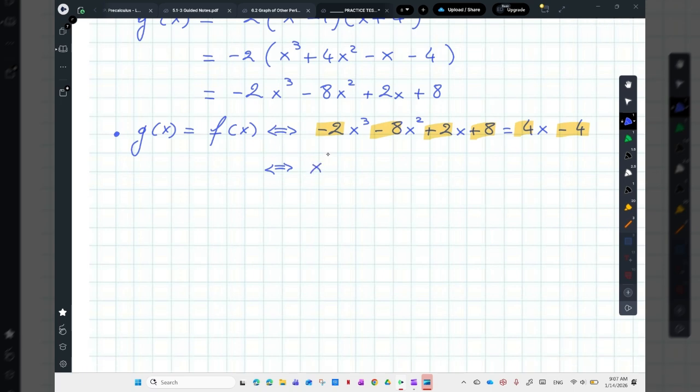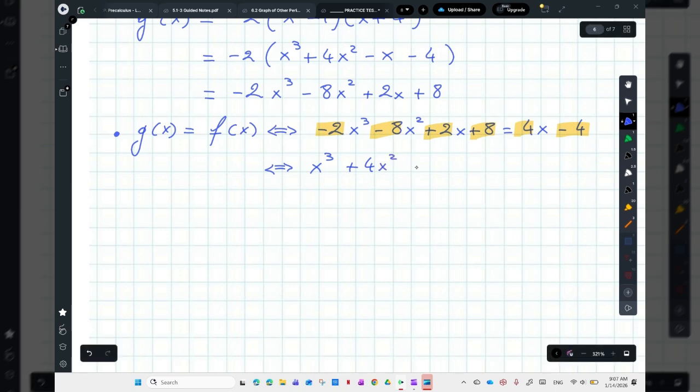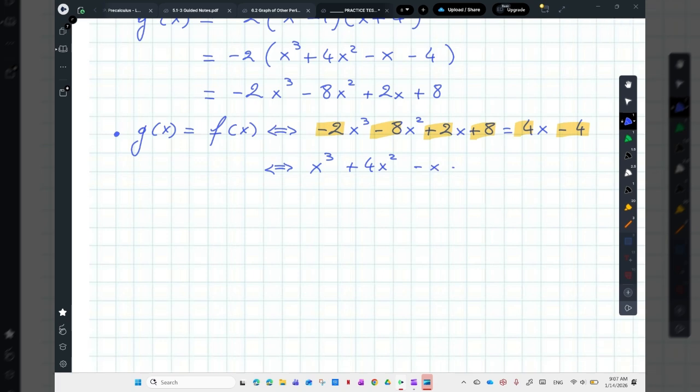I'll have x cubed plus 4x squared minus x minus 4 equals negative 2x plus 2. Now I'm going to put everything on the left side, and I will have negative x plus 2x, which is positive x, negative 4 minus 2, which is negative 6.